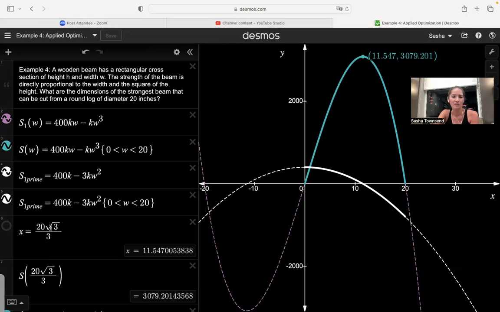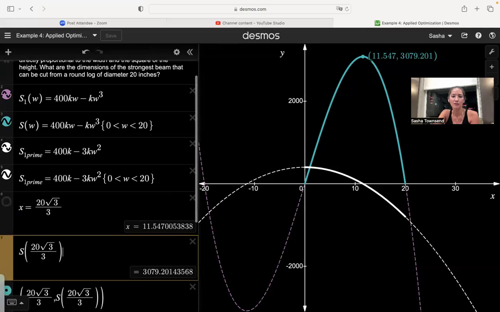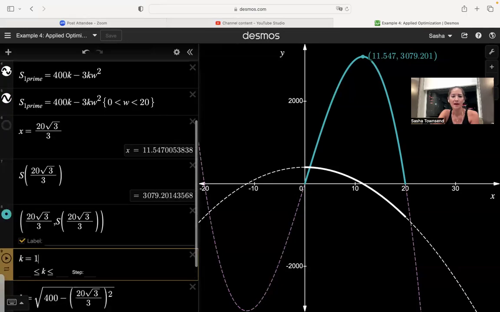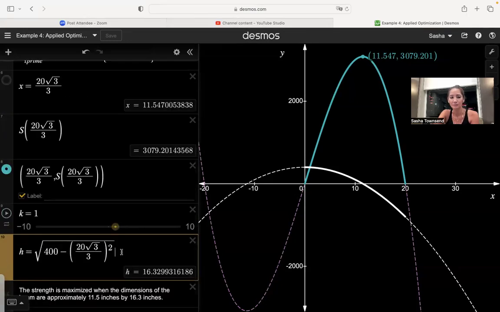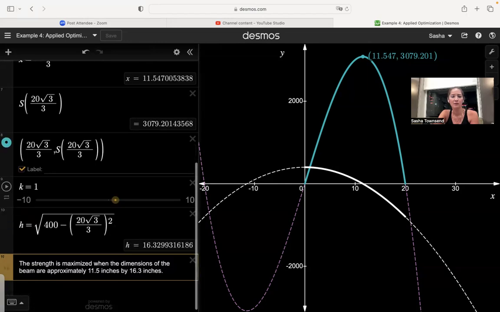So we kept 20 times the square root of 3 divided by 3 instead of the negative 20 times the square root of 3 divided by 3. And then we found the corresponding strength, even though we weren't asked for it. And then we found the corresponding height. And we've got these 2 decimal approximations of that height and width in inches. So we answered the question that was asked of us.